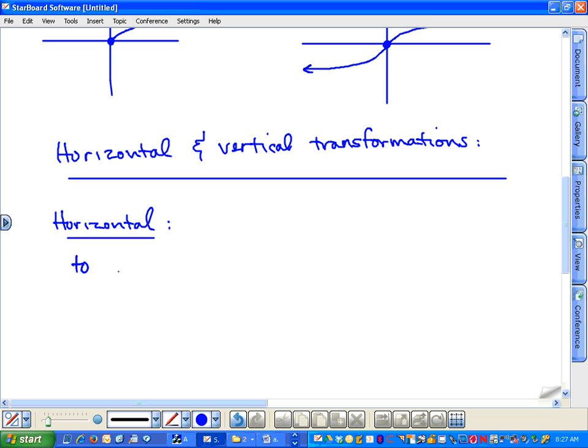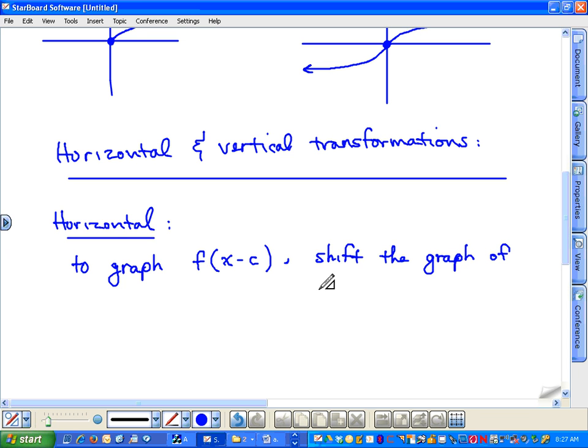So to graph f of x minus c, shift the graph of f of x to the right c units.